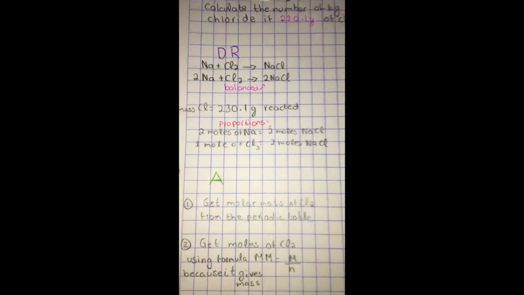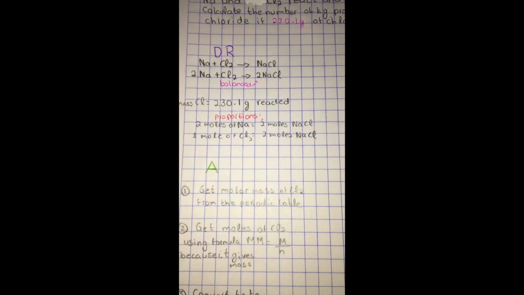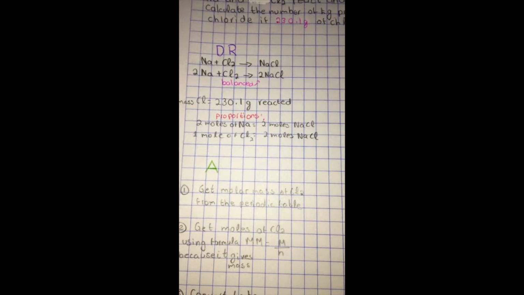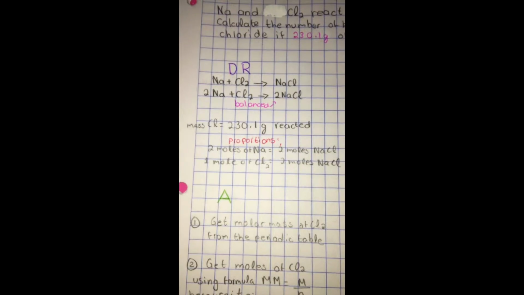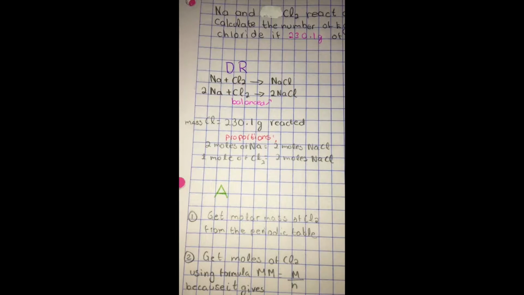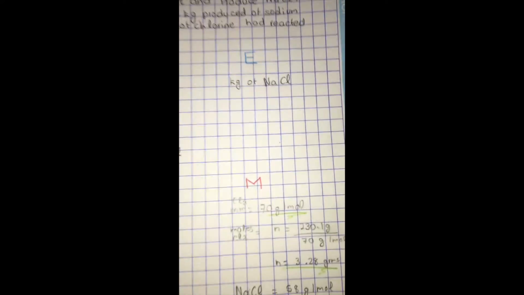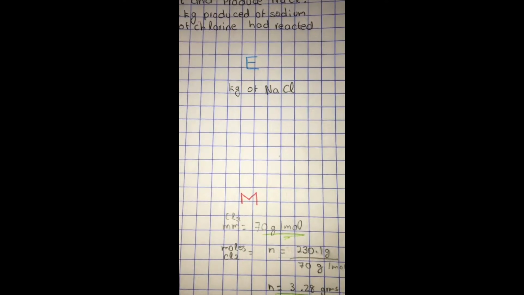Here we have the proportions. 2 moles of Na equals 2 moles of NaCl, and 1 mole of Cl2 is equal to 2 moles of NaCl. And we have that the mass of Cl2 is 230.1 grams. So next we're going to our end, that we are ending with kilograms of NaCl.